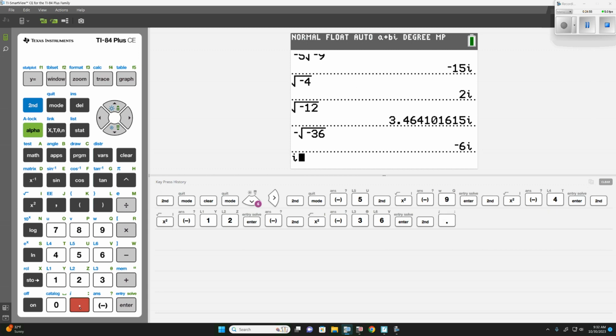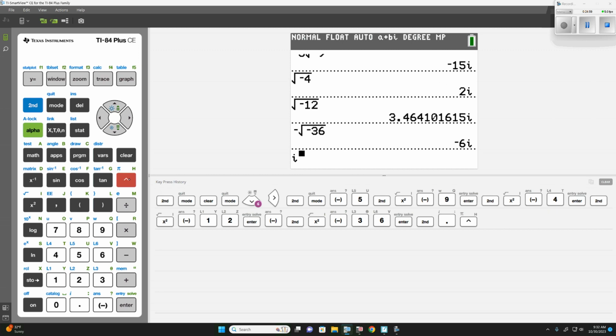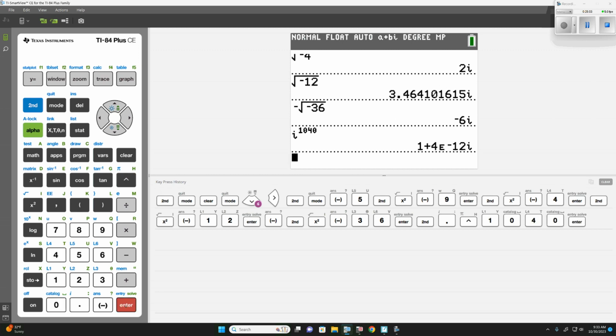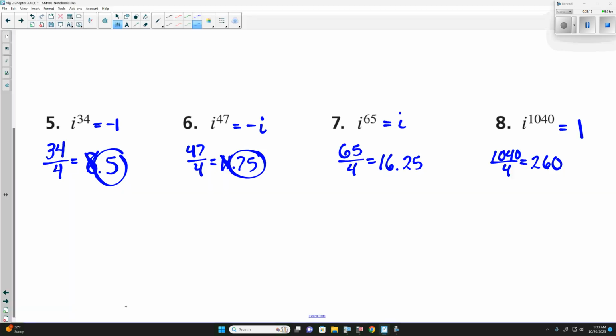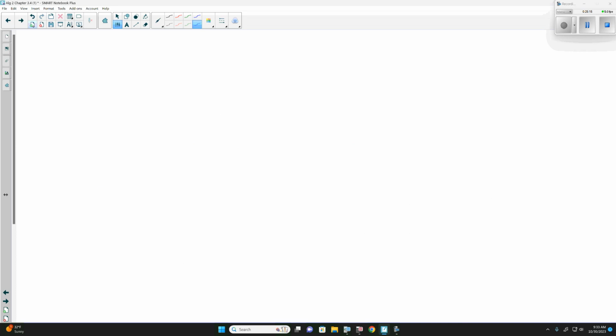Second decimal. The graphing calculator does have i. Now, we do see the 1 part, yes? But it gave us this 4e to the negative 12i. I'm going to add this here.